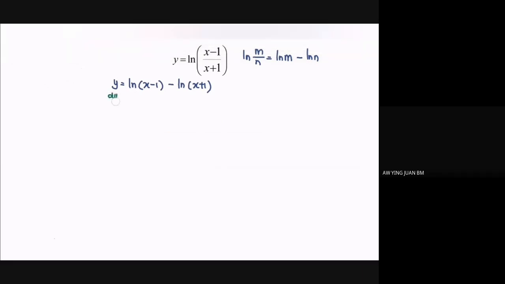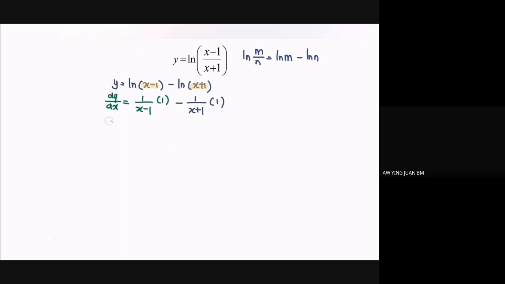X. So dy dx equals to differentiate ln bracket x minus 1, and we will have 1 over x minus 1. Do remember to differentiate the internal function, and we will have 1 minus differentiate ln bracket x plus 1, and we will have 1 over x plus 1. Do remember to differentiate the internal function. Again, we will have 1.